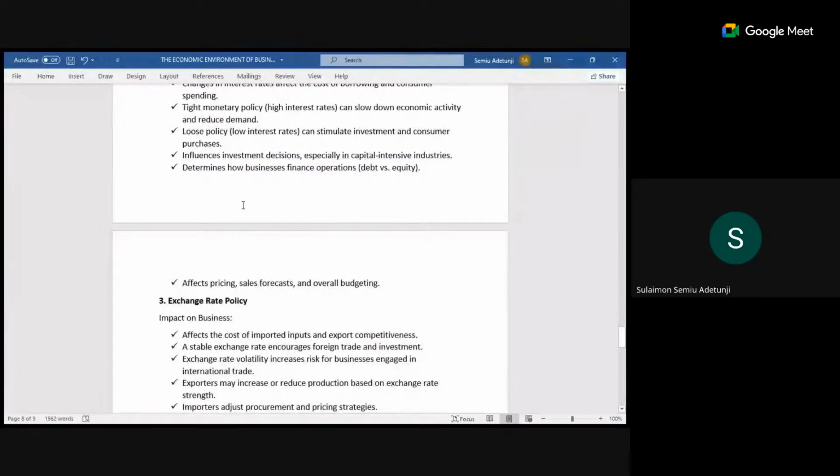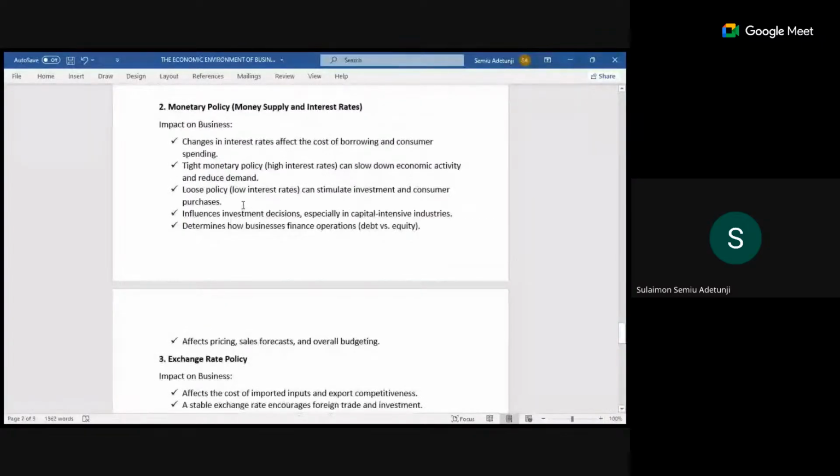It determines how business and finance operate. Monetary policy will determine what your capital mix will be. Is it going to be a combination of debt and equity, or full equity, or debt to loan? Though debt to loan will give you a kind of idea, you still need to determine that.